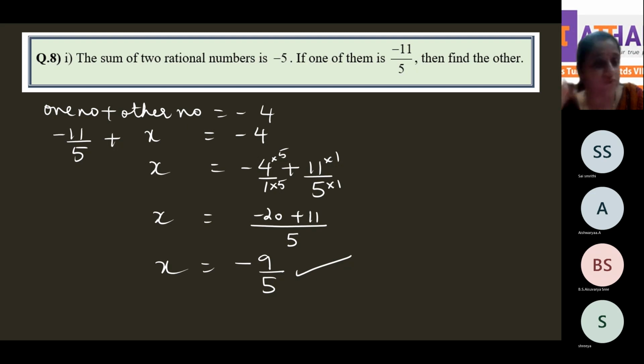Those of you who have not presented it like this, kindly take down the working. It should be presented like this. You can start off saying, let the other number be x. You can begin your answer with, let the other number be x.